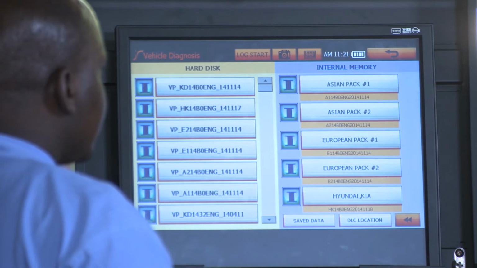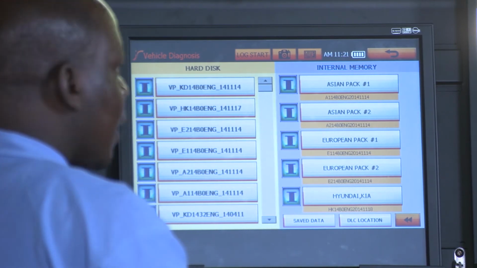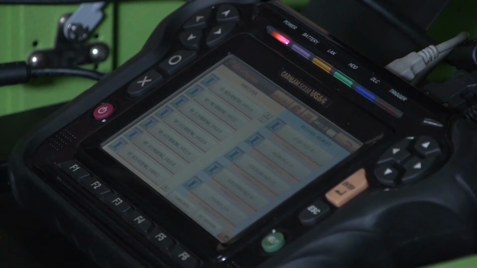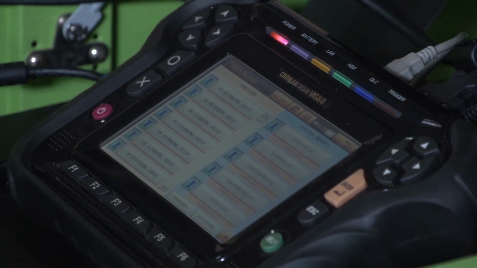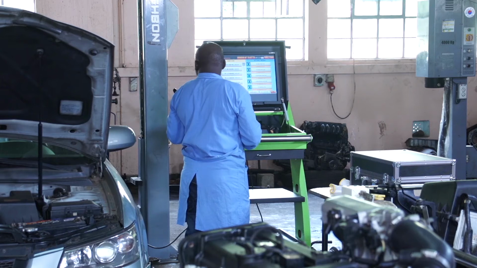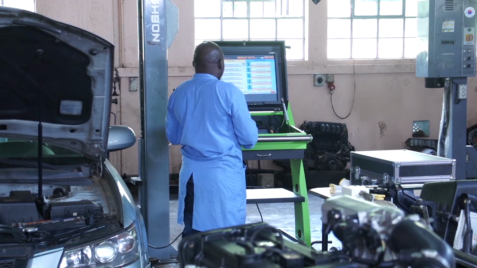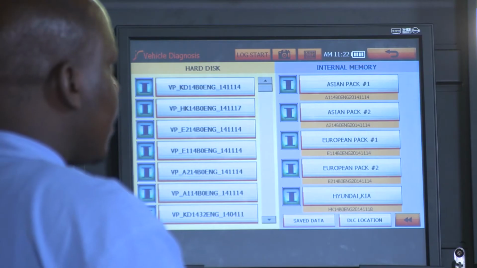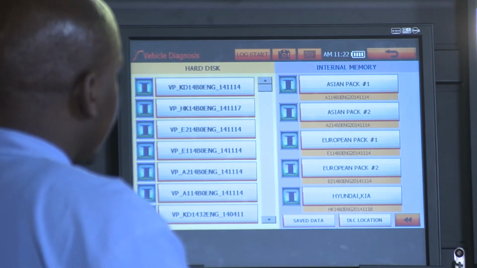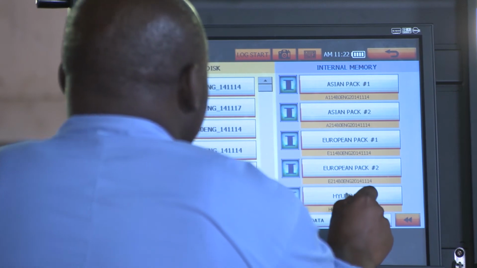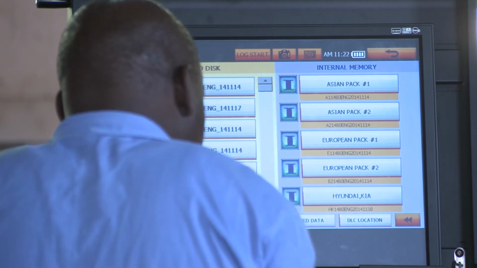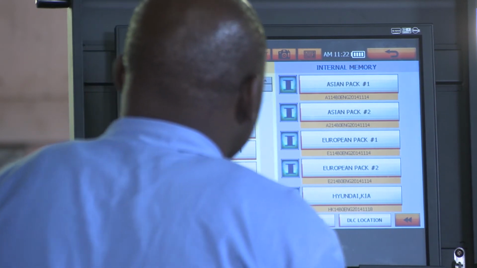In diagnosis, we have to know where the car you are going to diagnose is from. From Asia, from Europe, from America, and also which country. This one is Hyundai from Asia and Korea. That is why we have to go in Hyundai.